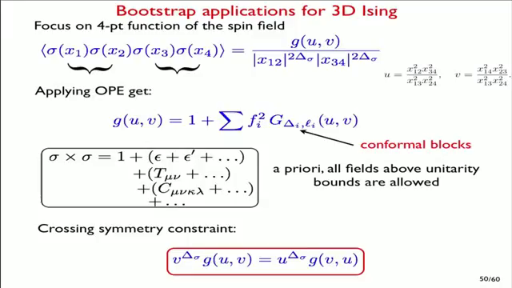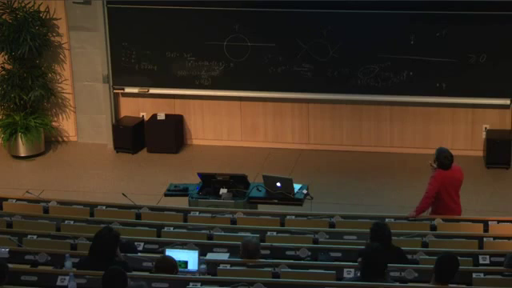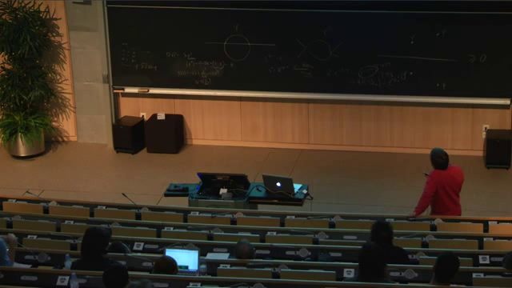We consider in the 3-dimensional Ising model the 4-point function of the spin field, and it's going to be of this form, where the function G(u,v) is going to be 1 plus the sum of conformal blocks with positive coefficients. We know that this function G(u,v) satisfies this constraint, which comes from crossing symmetry.